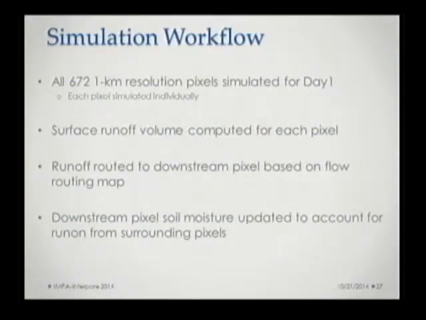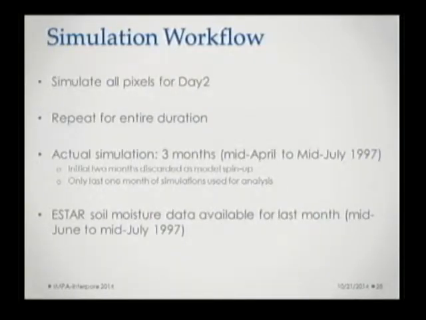So I had to do that offline and then route it to the downstream pixel, update the soil moisture there offline, and then run it again for the next day. Right? But now a lot of it is included in that software.